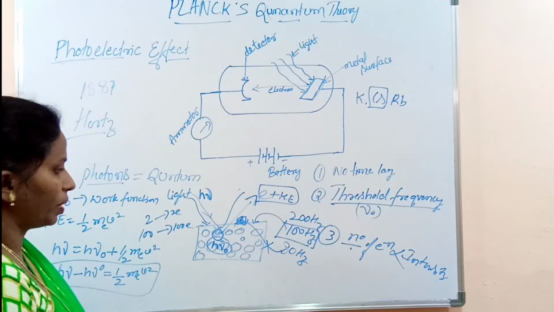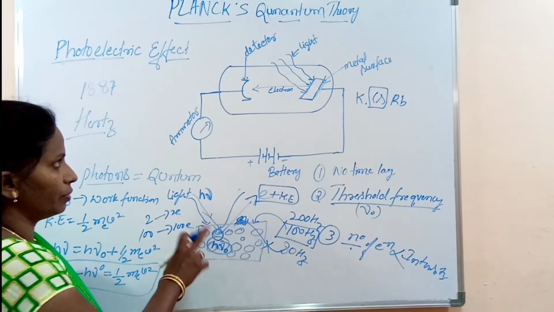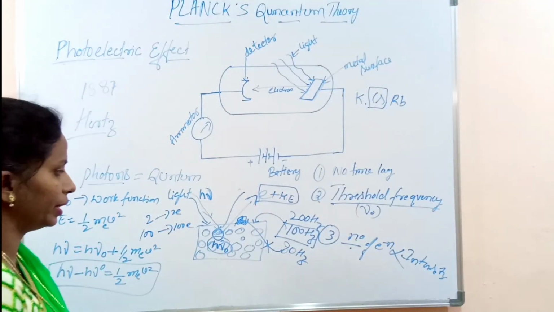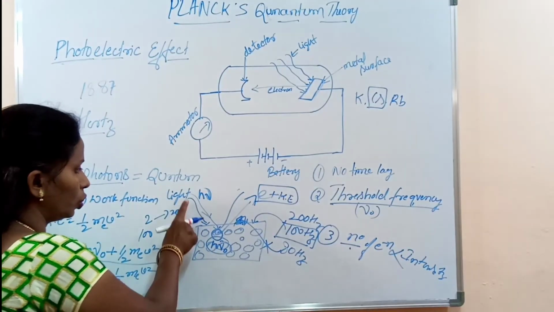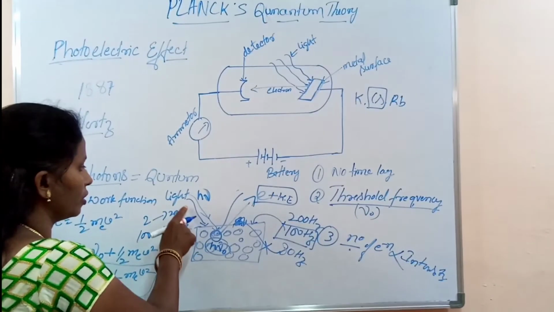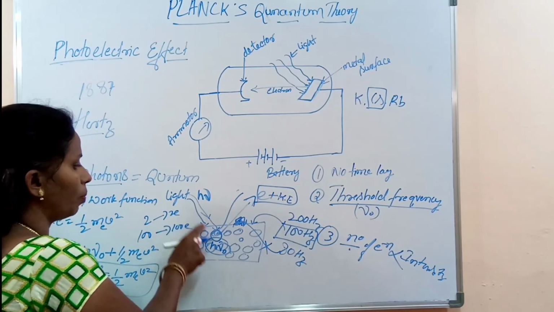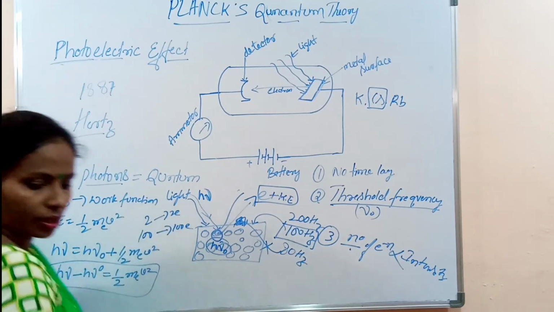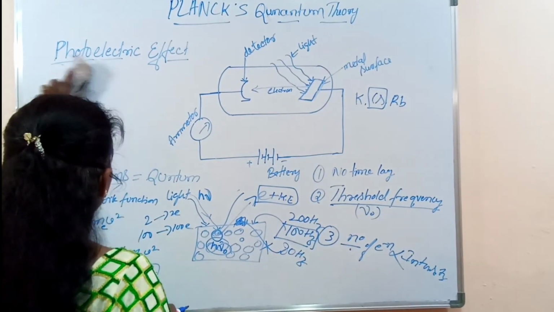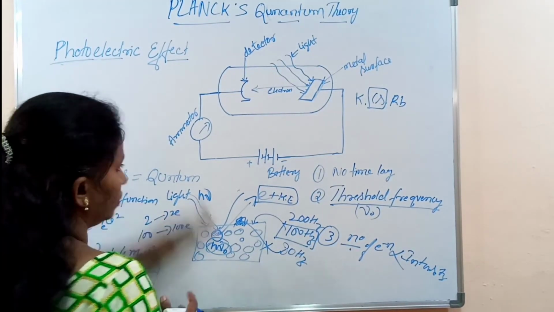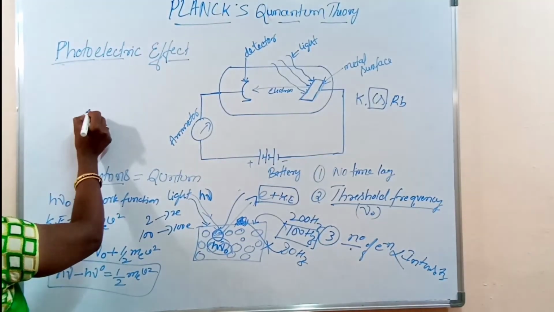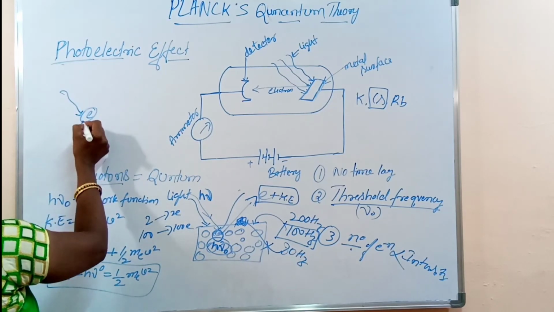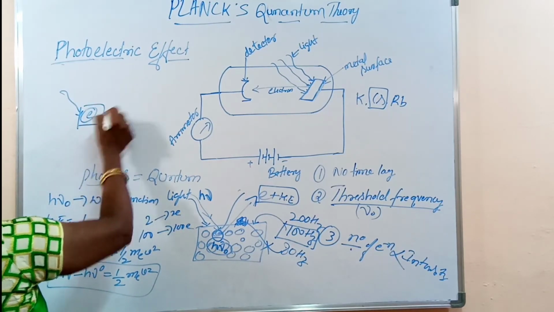This experiment also we cannot explain based on the wave property of electromagnetic radiations. To eject an electron from the metal surface, the light should have particle nature. If we consider it a particle, then when it hits the metal surface, the ejection of an electron can occur. When electromagnetic radiation exhibits particle nature, only then can we expect ejection of an electron, not like a wave. The displacement of an electron occurs only when a particle hits it. Otherwise, if it were a wave property, it could not eject an electron.